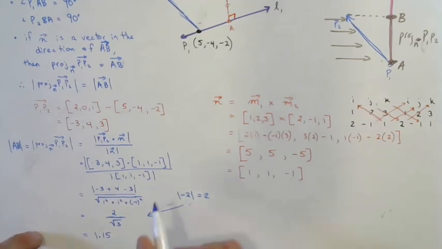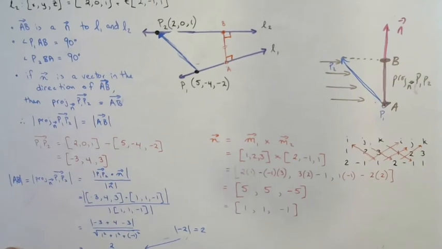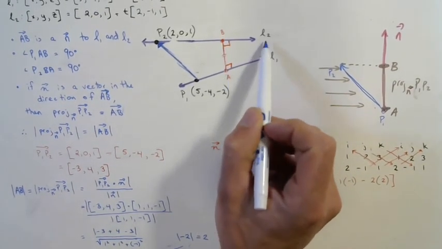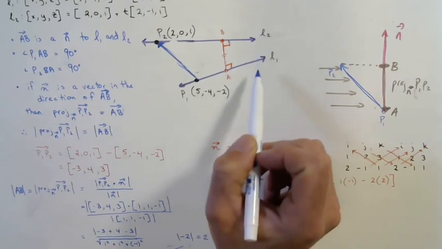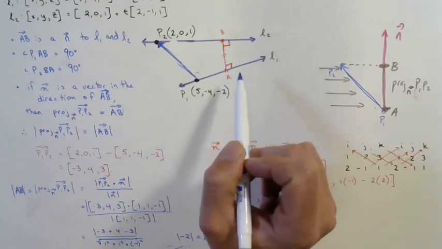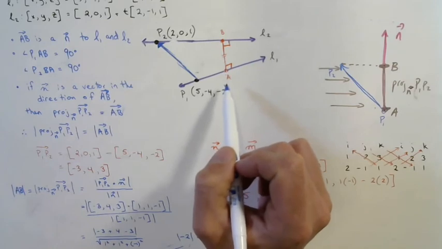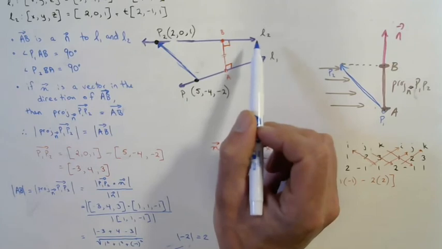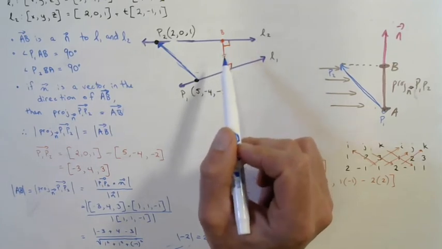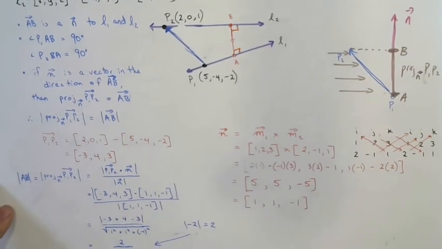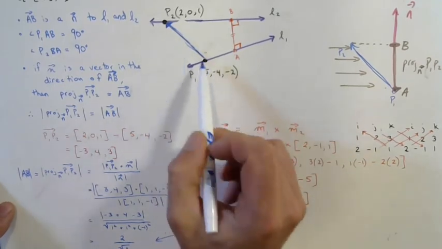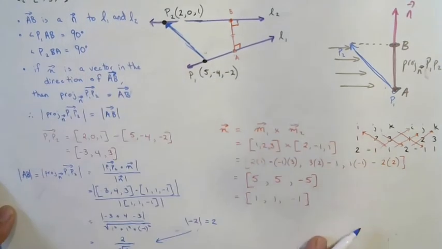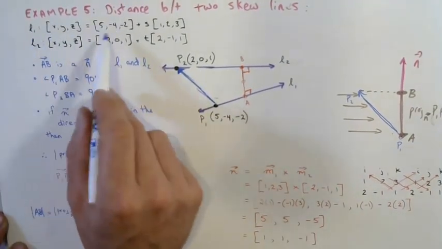So the perpendicular distance, looking up here, this is what we did it for. The perpendicular distance between L1 and L2 is the shortest distance between the line L1 and L2. These are skew lines in three-dimensional space. So the line segment AB represents the shortest distance between L1 and L2 in three-dimensional space. And we figured that out, that it is the projection of P1, P2, and those, remember, were just any points along these lines given to us by our position vectors in L1 and L2.